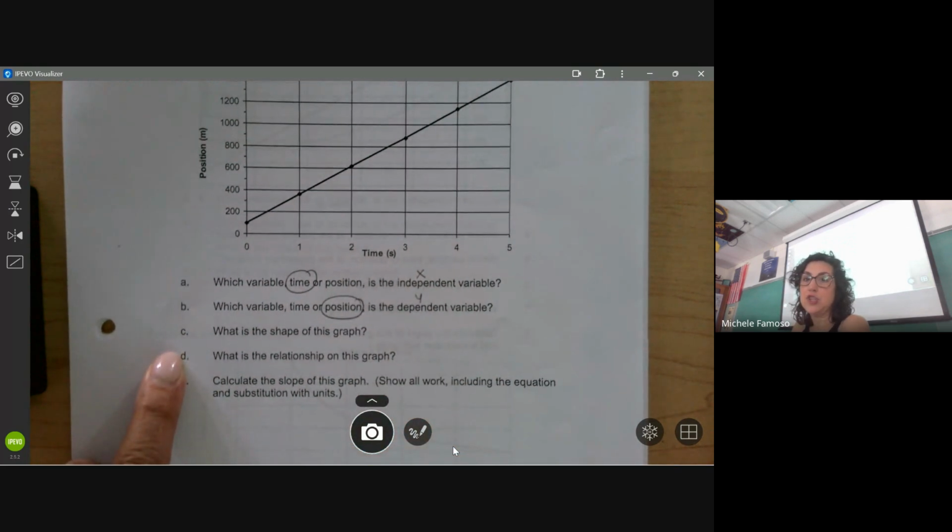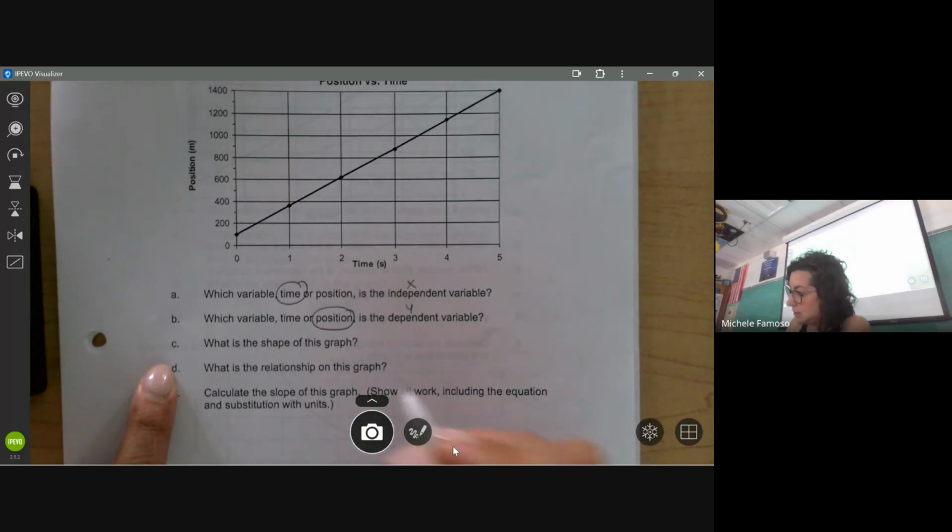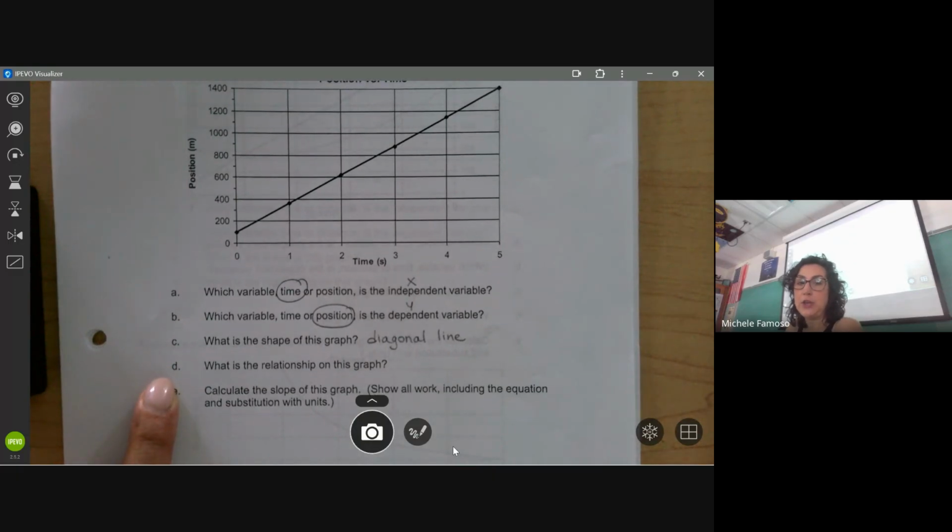Part C. Name the shape of that. That is a diagonal line. Remember, if you just say diagonal or just line, that's not specific enough. You need both words. Letter D, can you name that relationship? Direct. Very good.